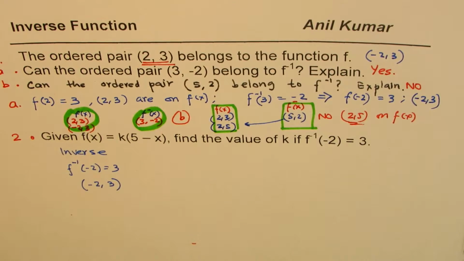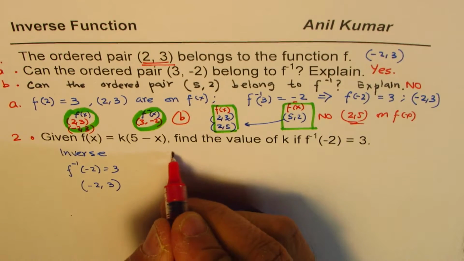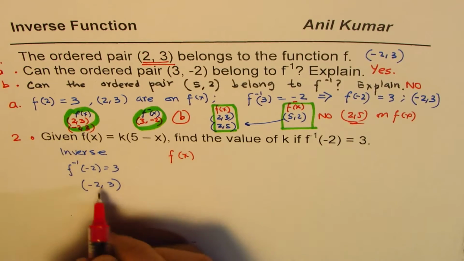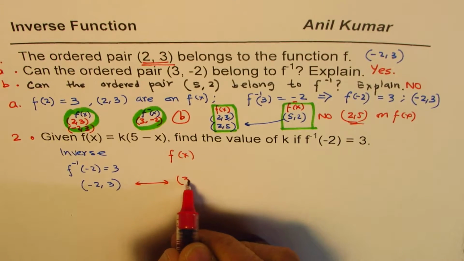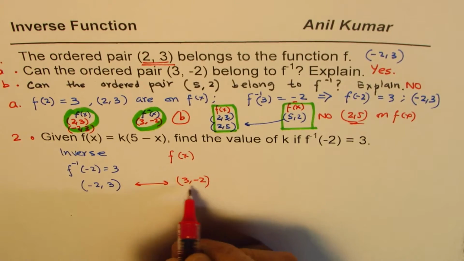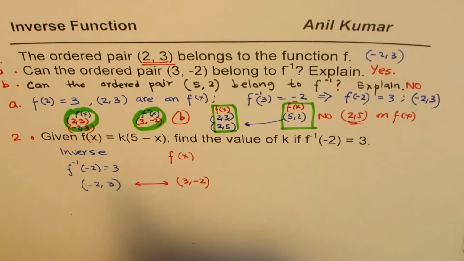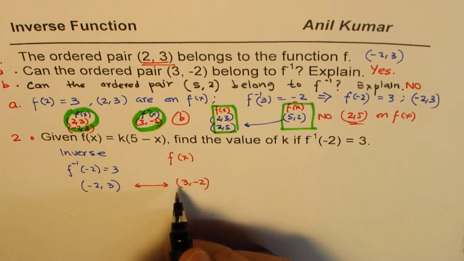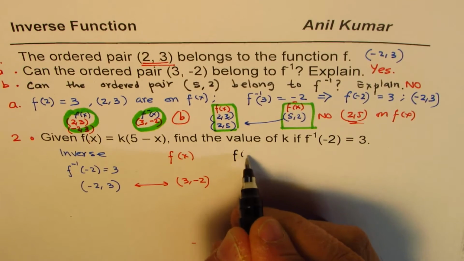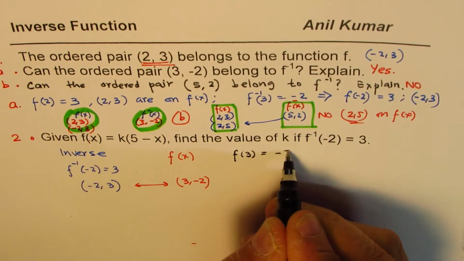If I map it on the function f(x), we have to interchange x and y, so it will be (3, -2). So we have (3, -2) on the function, correct? This means f(3) is equal to -2.